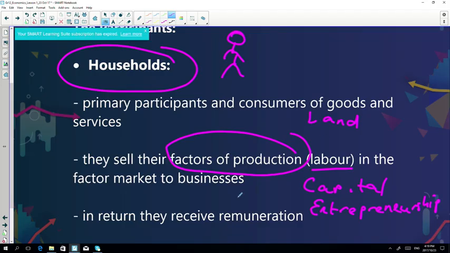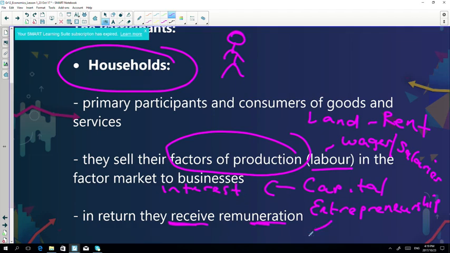And then in return, we receive remuneration. Okay, so from land, we'll get rent. Okay, and from labor, we'll get wages or salaries. Okay, capital will give us interest.